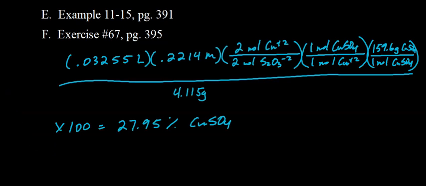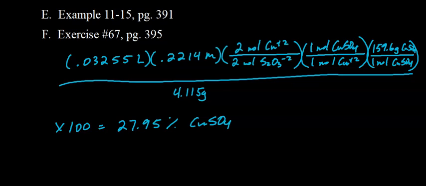So, sounding like a broken record, given the volume and concentration of one solution, in this case the thiosulfate solution, S2O3 2-, we can use that to find moles of thiosulfate. Using the balanced equation, we can go from moles of thiosulfate to moles of copper(II) ions. Then a 1-to-1 ratio of copper(II) sulfate to copper(II) ions.